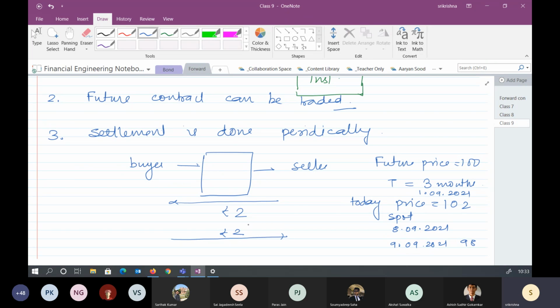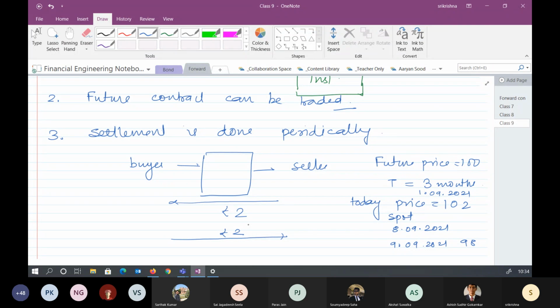To understand how it is happening, the buyer and seller have agreed to buy or sell at the price 100. But if today the market price has become 102, the seller can sell at 102, and the buyer can also get it at 102.